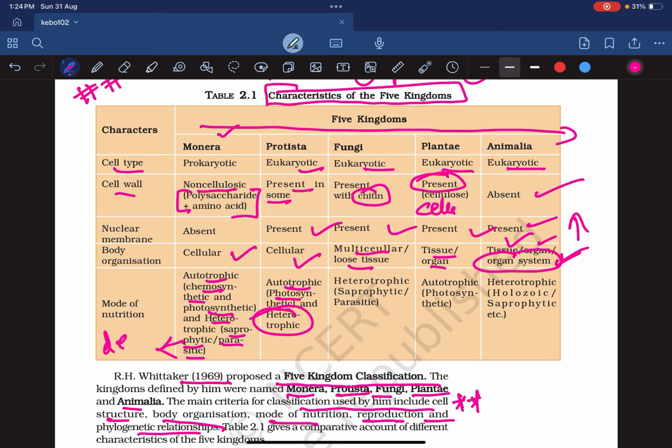Fungi, the mode of nutrition is heterotrophic, which can be saprophytic and can be parasitic. Plantae, we all know that plants can make their own food, so autotrophic mode of nutrition, mostly photosynthetic. Animalia, we know that it is holozoic, that is consuming the whole food, or it can be saprophytic, getting nutrition from dead and decaying organisms.